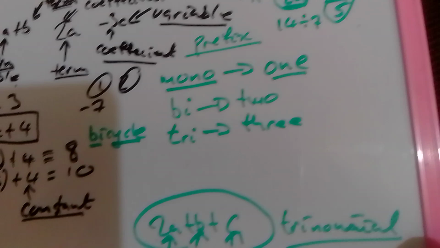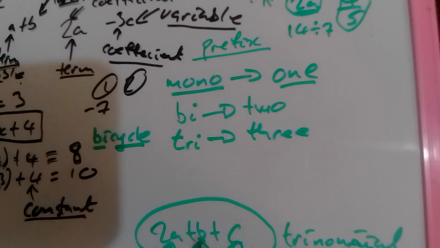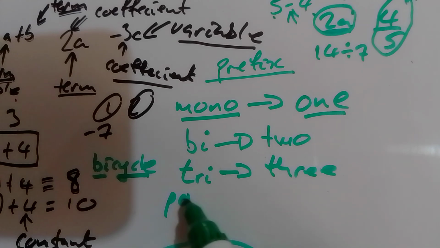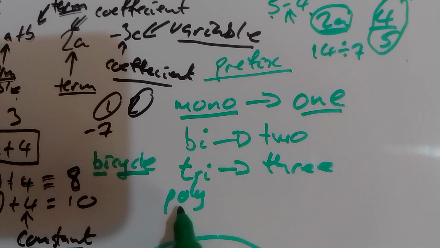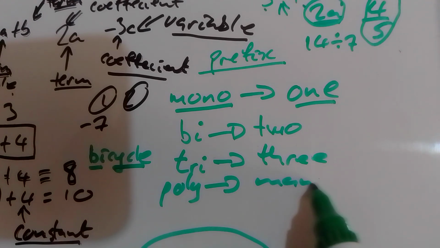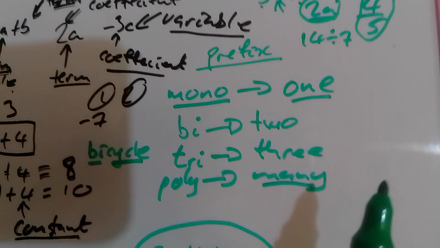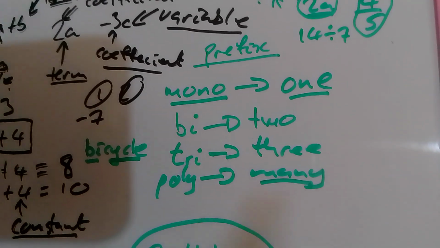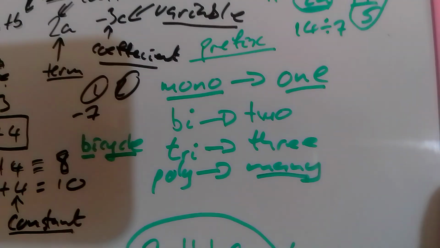And then for your level in high school, the last one is called a what? A polynomial. Poly. Now the prefix is what? Poly. Poly means what? Many. Now this is when you are now having more than 3 terms, when you are now having 4, 5, 6, 7 and so forth and so forth.